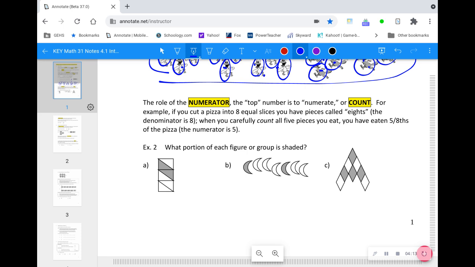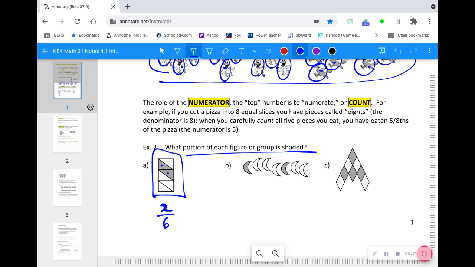And so if I ask you a question down here in the bottom, how many are shaded, you'll first count the ones that are shaded. In this case, in part A, there's 2 that are shaded, and the original shape was divided into 6 equal parts. So you would say 2 of the 6ths, and I say 6ths with a TH on it, telling you the size of the part.